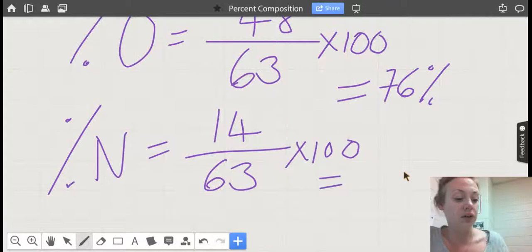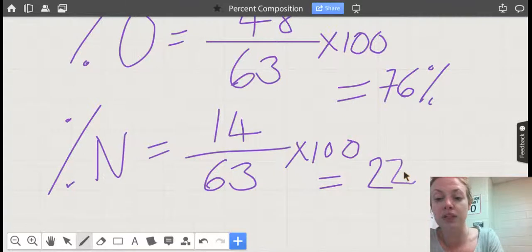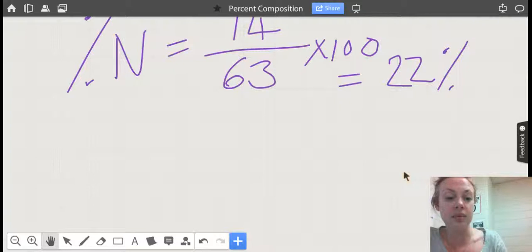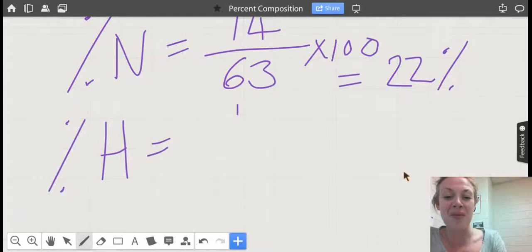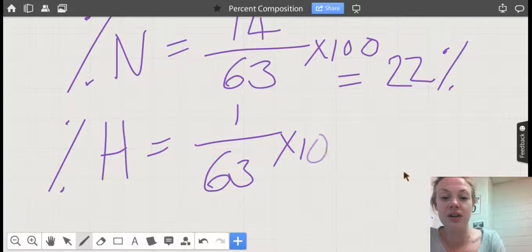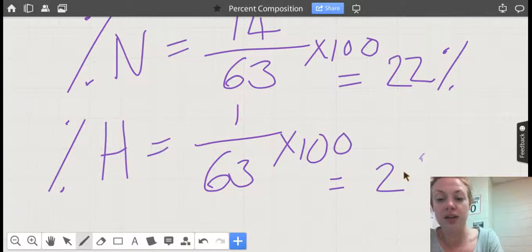So 14 divided by 63 times 100 gives me 22%. And then finally, my percentage of hydrogen. I have 1 hydrogen, which weighs 1, over 63 times 100. And my percentage of hydrogen comes in at 2%.